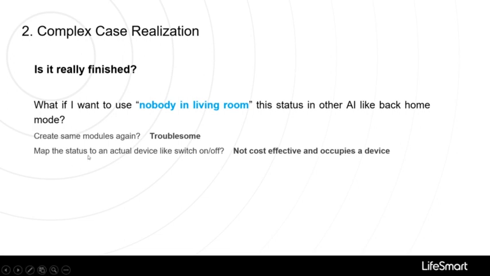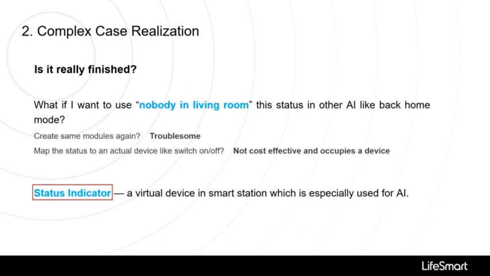So what can we offer to realize this? A very simple way is to use a status indicator. The status indicator is a virtual device built into our smart station, especially used for AI triggering.